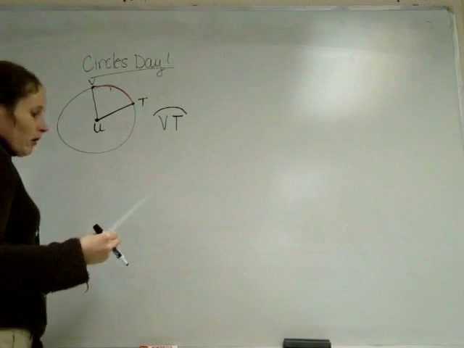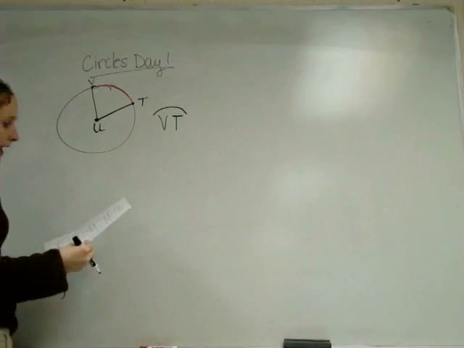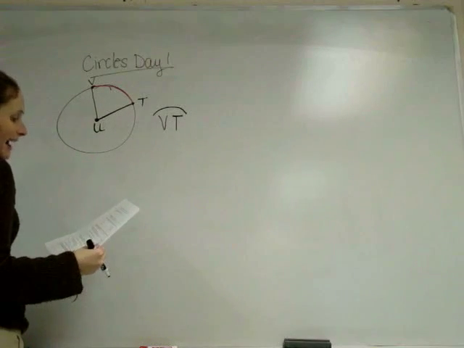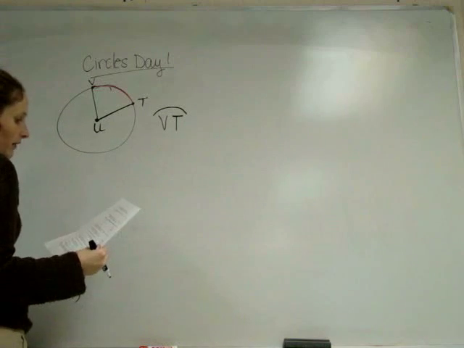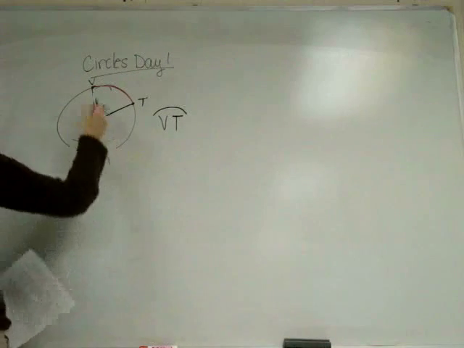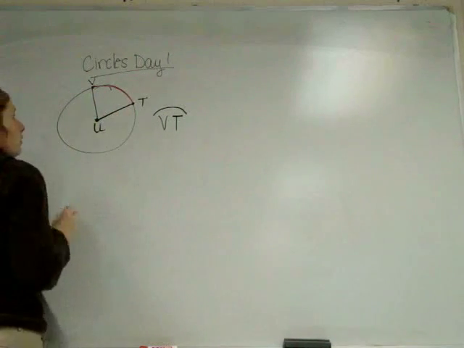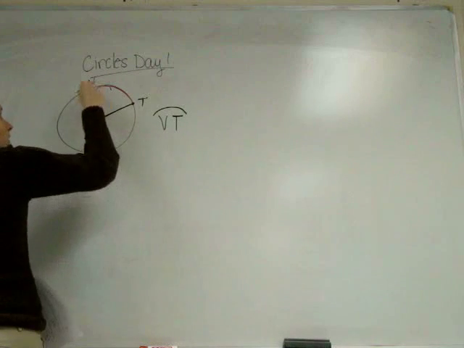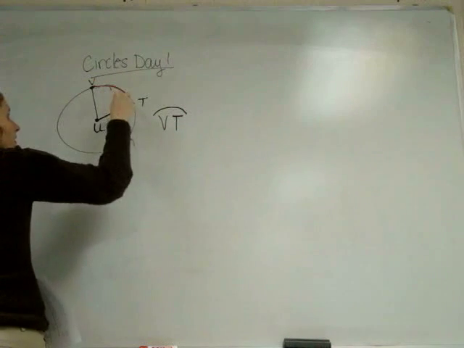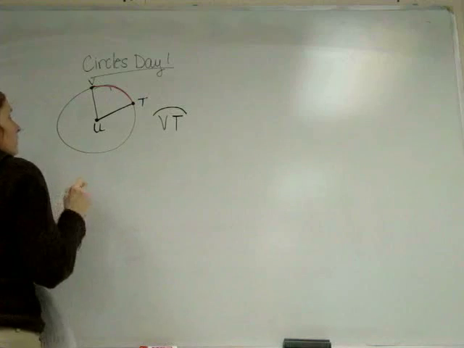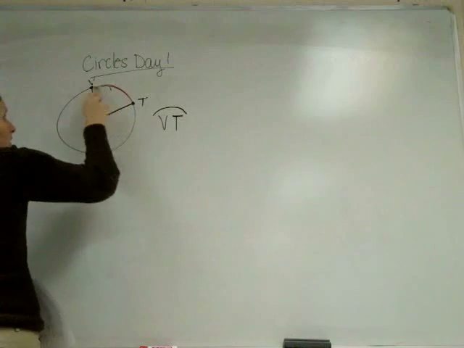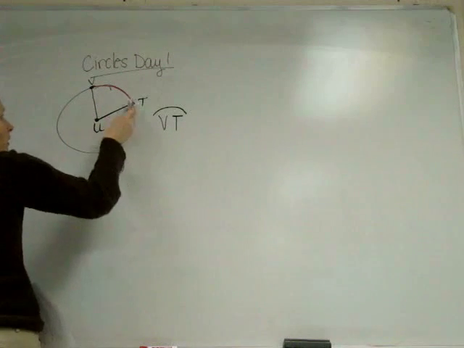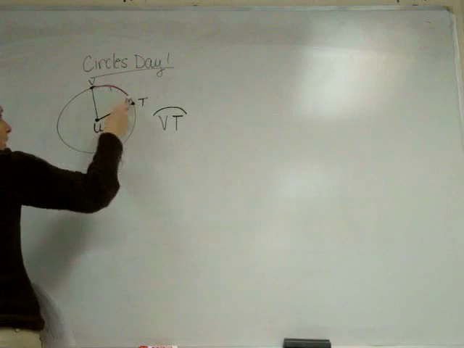An intercepted arc is the arc created by the endpoints of an angle on the circle. So, intercepted arcs are created by the endpoints of an angle. Okay, here are the endpoints of the angle on the circle. So the intercepted arc is the arc falling between those two endpoints.